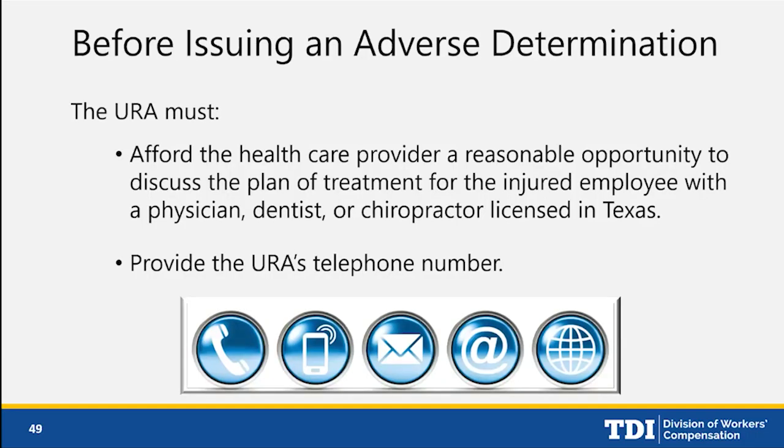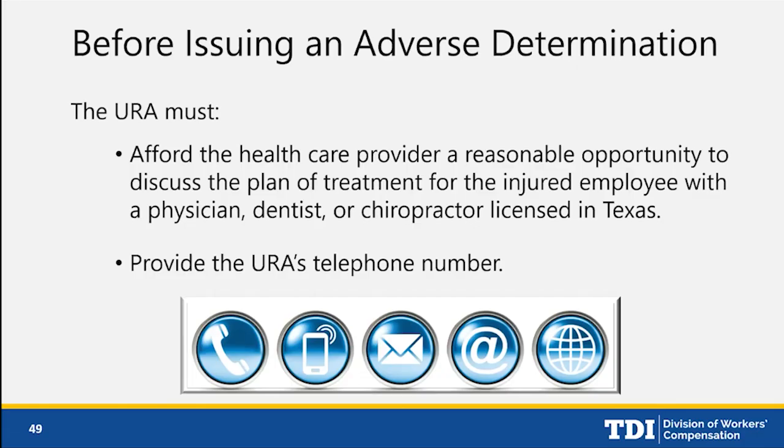So before a carrier issues the denial or the adverse determination, they must afford you a reasonable opportunity to discuss the treatment for the injured employee. They must provide the utilization review agent phone number when they're calling you, and they need to document that good faith attempt that they made to contact you.